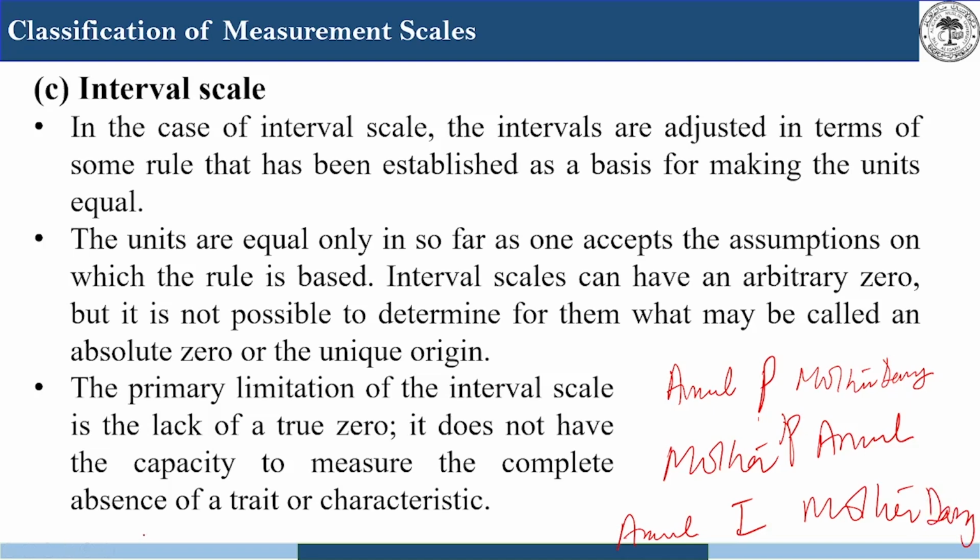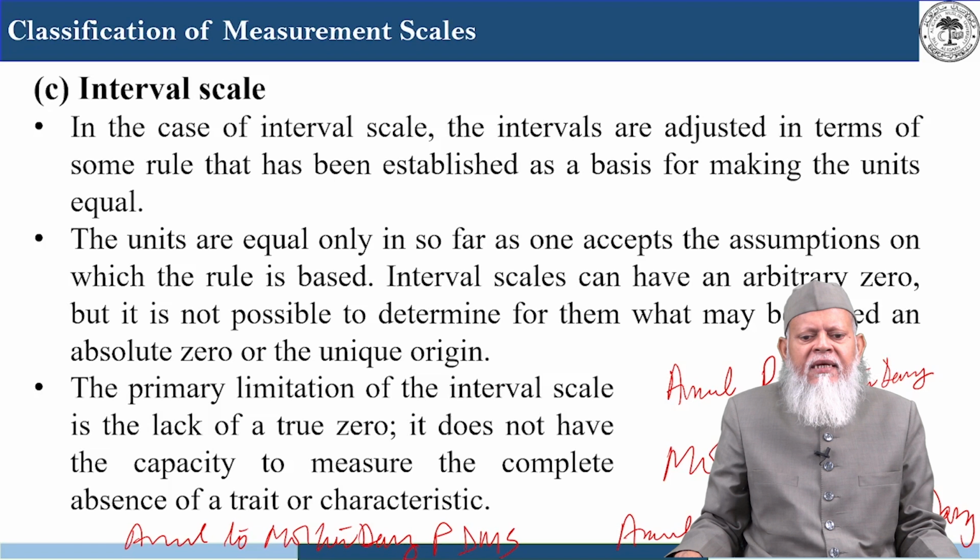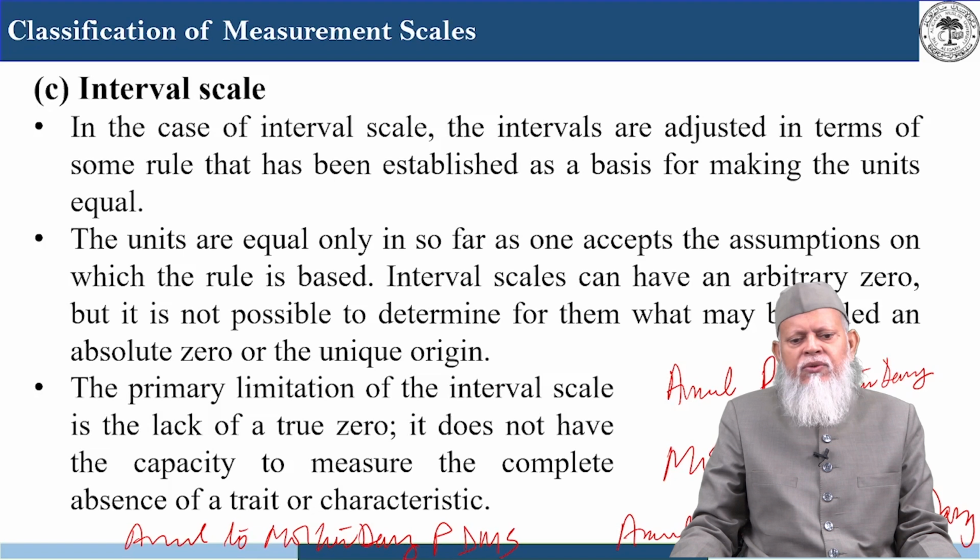So one can say he prefers Amul to Mother Dairy, and he prefers Mother Dairy to say DMS. But the same person cannot say that he prefers DMS to Amul.